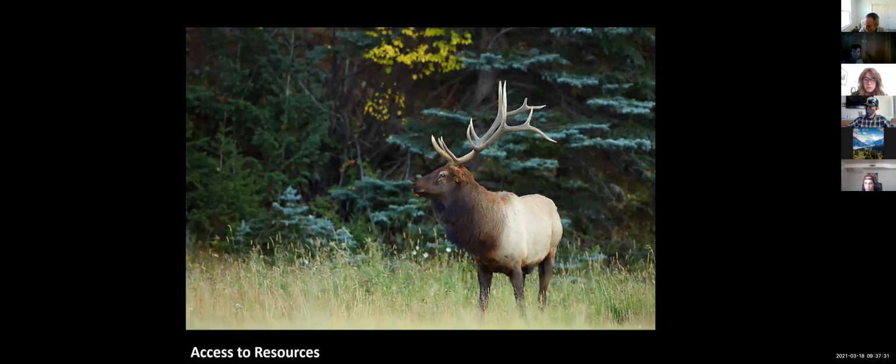Edges also provide access to many of the resources and conditions that are needed to support the life cycle of various species. So many species, even those that are adapted to interior habitats, need edges to complete some portion of their life cycle, such as feeding or nesting, while others may be specifically adapted to the conditions that are prevalent along those edges.